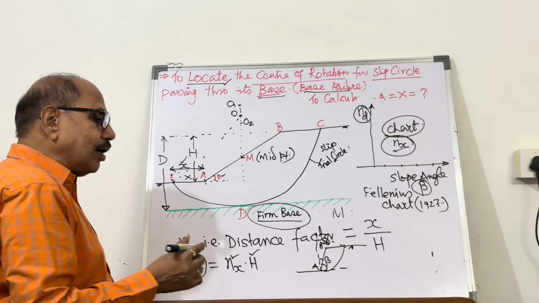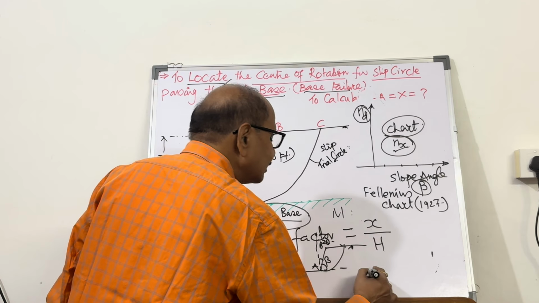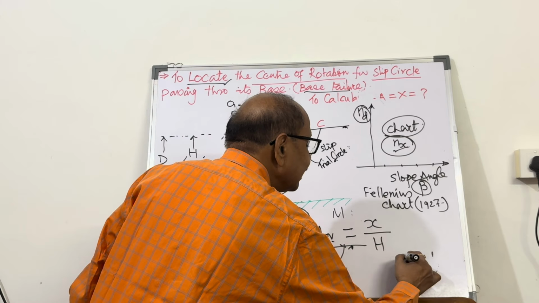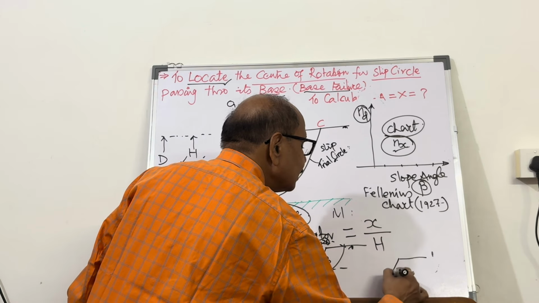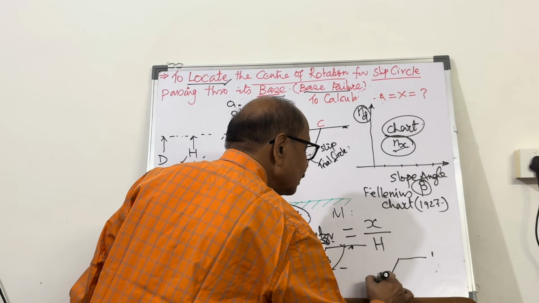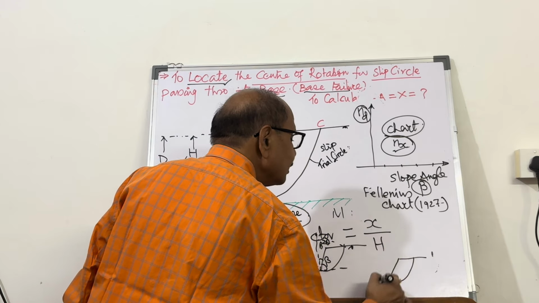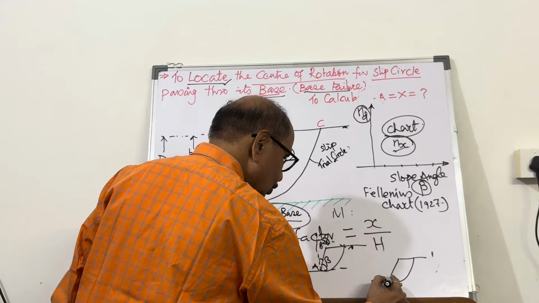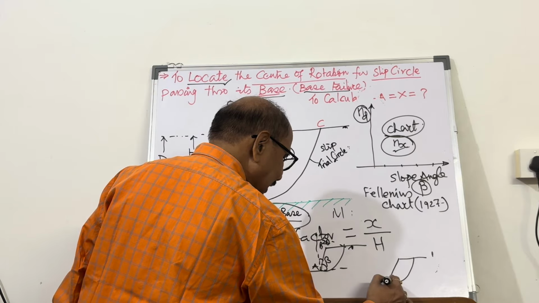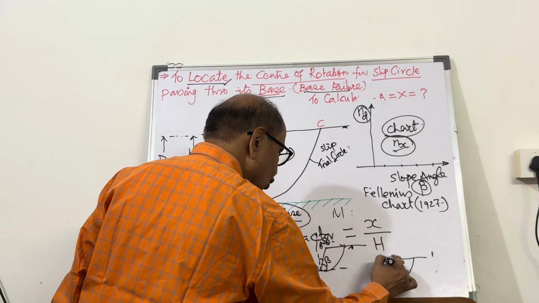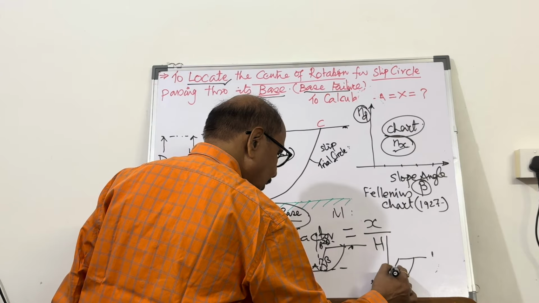In the last video, I told you that if it is a toe failure, then Fellenius has given you, for the given beta angle, slope angle, the value alpha 1.